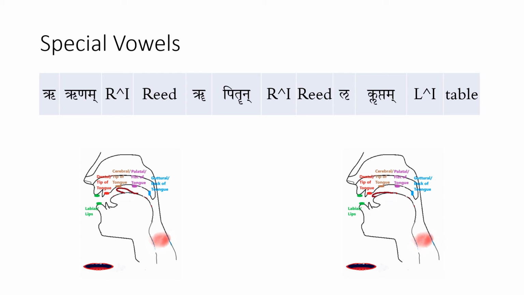So it does not touch. It almost comes to the touching stage, but the air will still pass freely without being completely blocked. This has to be kept in mind while pronouncing this R sound.